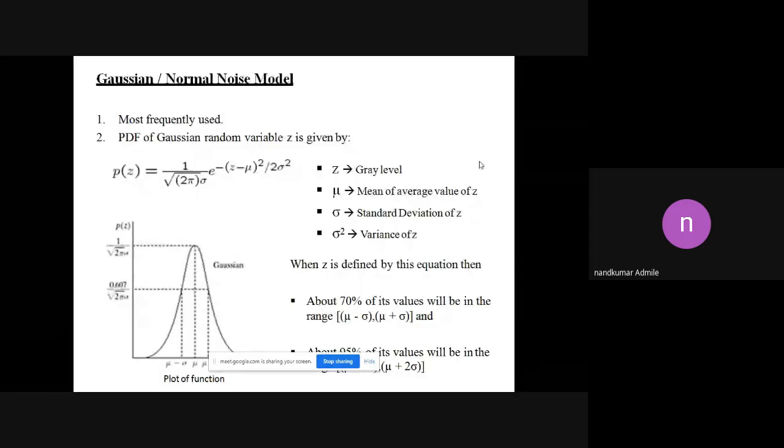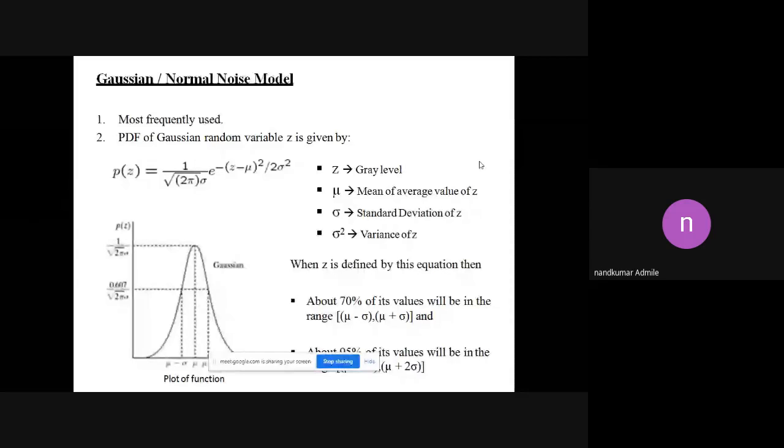Observe the curve of Gaussian noise: it increases up to the peak level, and then from the peak level it decreases. At the center of an image the Gaussian noise can be presented.